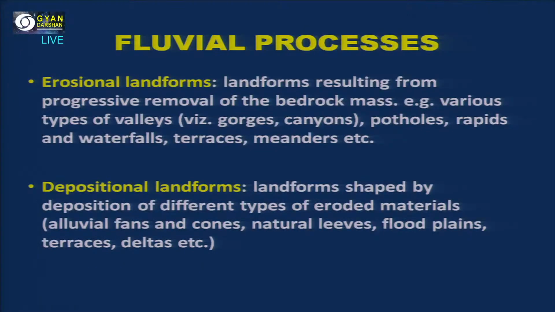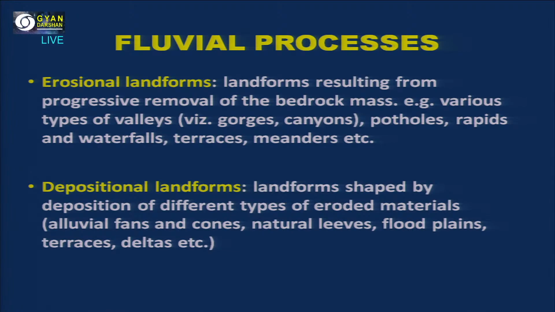So there are fluvial processes: we have erosional landforms, then we have depositional landforms. This is dependent upon the erosional process of the river, and the depositional process, or the sediments that are deposited, due to which depositional landforms occur.